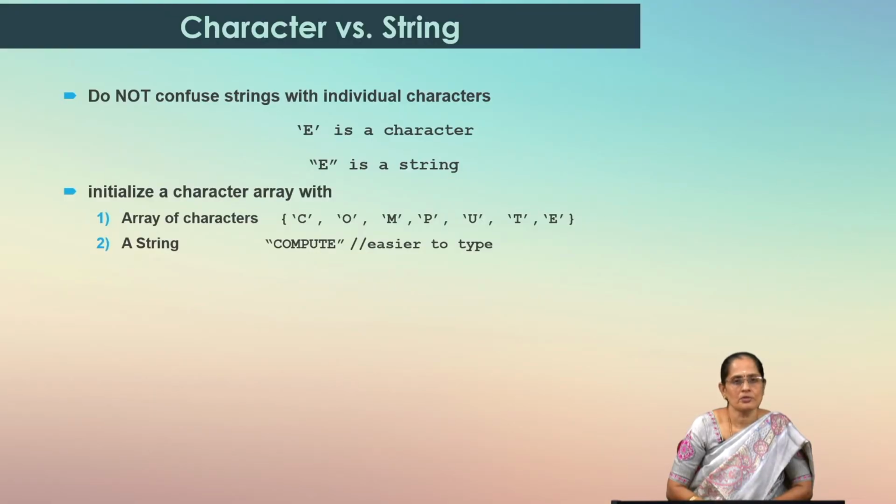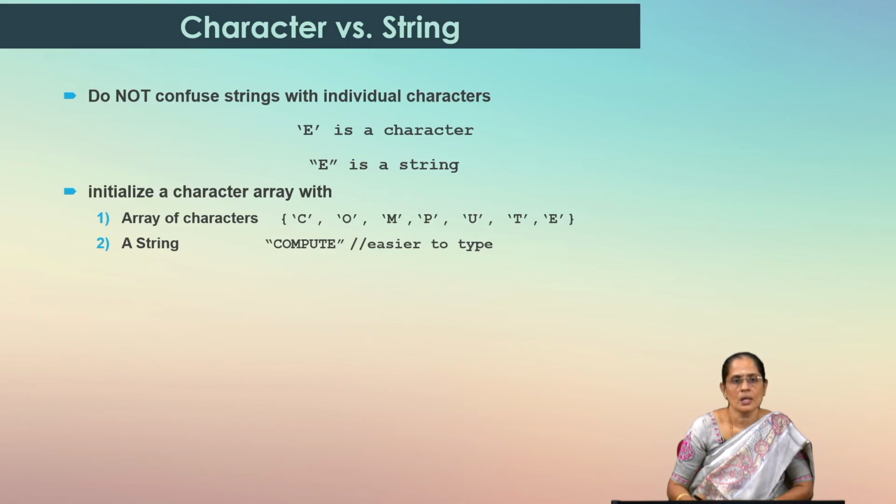What is the difference and how are we supposed to go about it? Do not confuse strings with individual characters, because individual characters are always enclosed within single quotes, and a string has to be enclosed within double quotes.